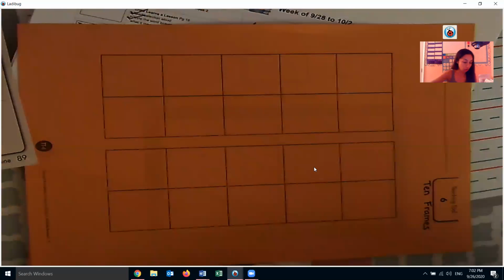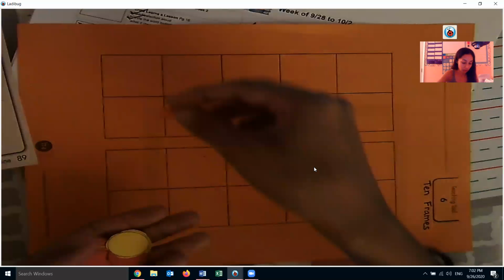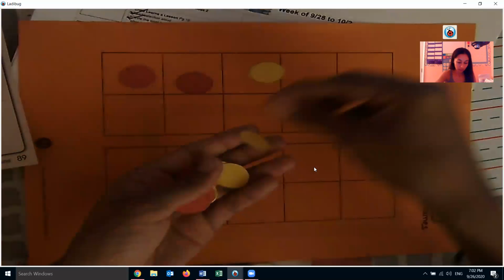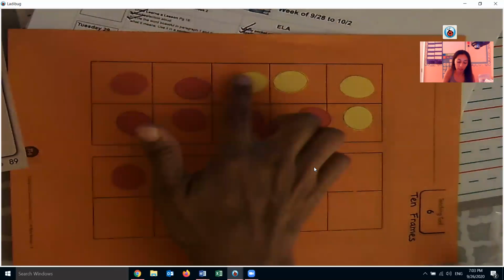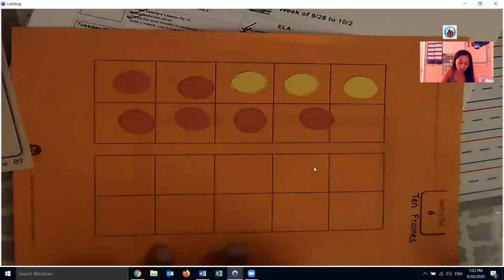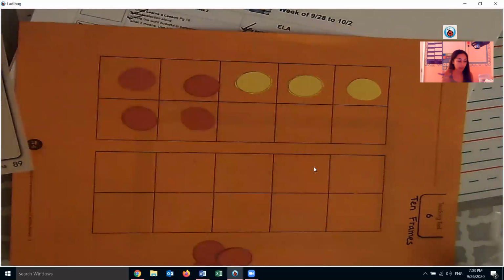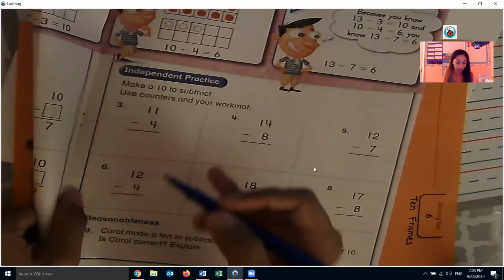The first one is 11 minus 4. 1, 2, 3, 4, 5, 6, 7, 8, 9, 10, 11. So we have 11. We take away 4. 1, 2, 3, 4. I now have 5, 6, 7 left. So number 3 will be 7.